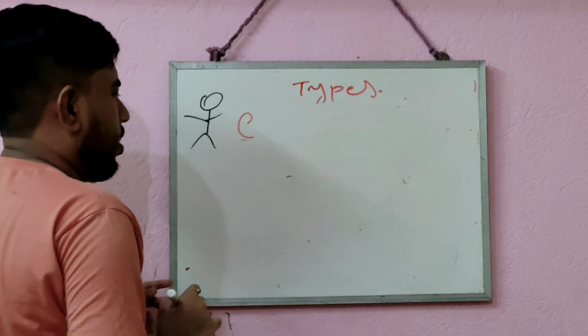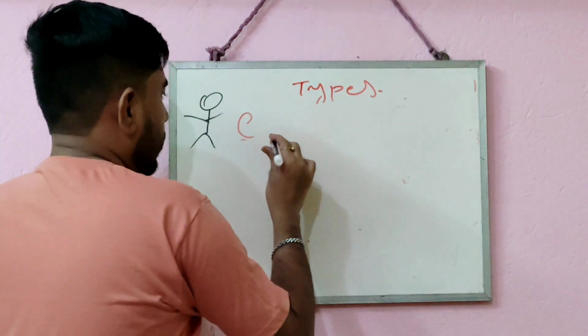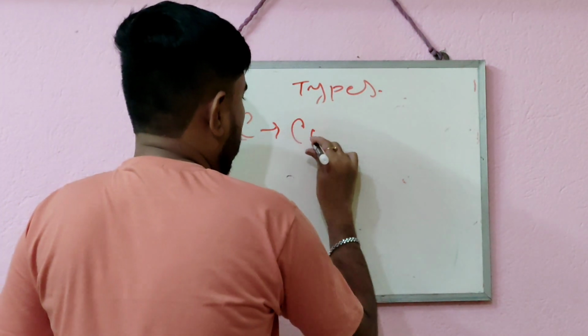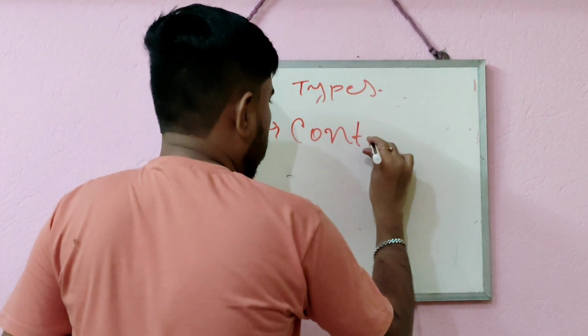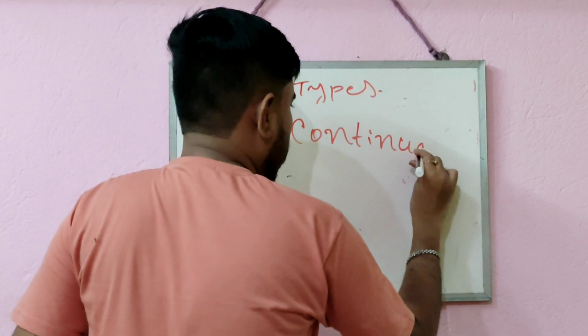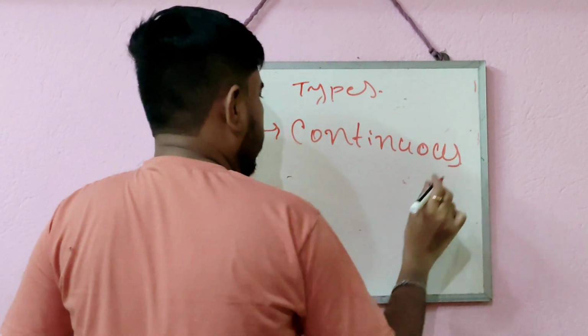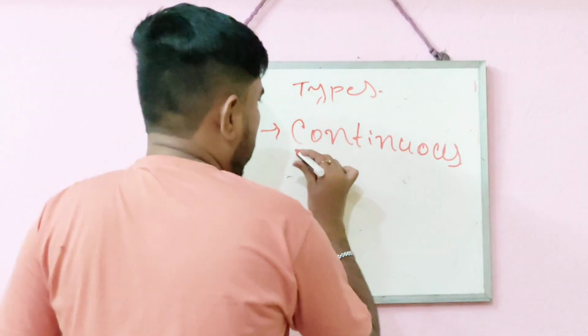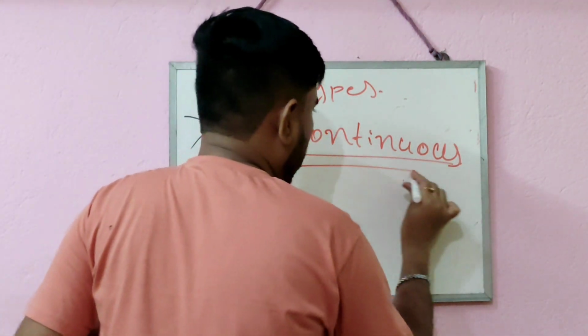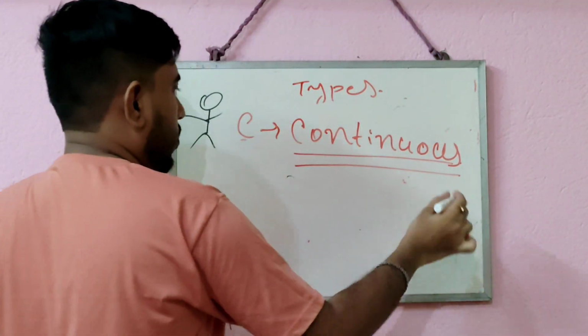Next is the C type of adverse drug reaction. What is the meaning of C? The full name of C is continuous adverse drug reaction. From the name you can understand continuous means for a prolonged period of time.